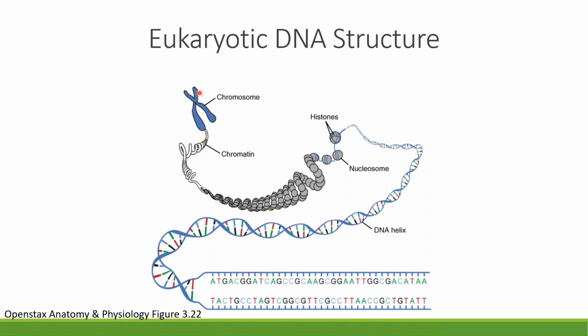Now, this form right here is not very readable, but it is packageable. And so chromosomes will form in order to go through cellular replication through a process called mitosis or meiosis. But in general, we have to keep it in this loose form during our different parts of regular cellular life, so that the cell can get in here and read this genetic code.